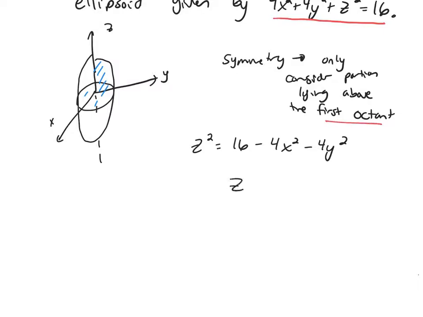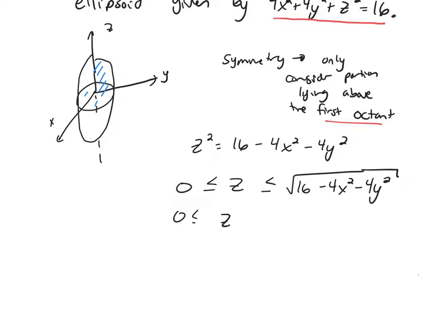So z is going to be bounded by 0, and the square root of 16 minus 4x squared minus 4y squared. And if you want, you could factor out a 4 and bring it out of the square root, so it'll be a 2 times the square root of 4 minus x squared minus y squared.